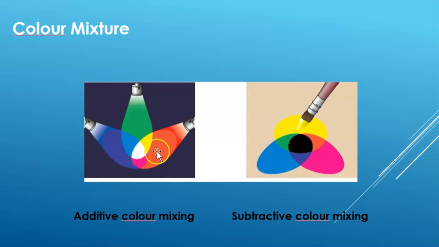So additive color mixing is more with lights. Again, we have different colors and you're adding the wavelengths together. Of course, when you're adding light, then the highest color would be white light. So when you add all three colors of light together, you end up with white.